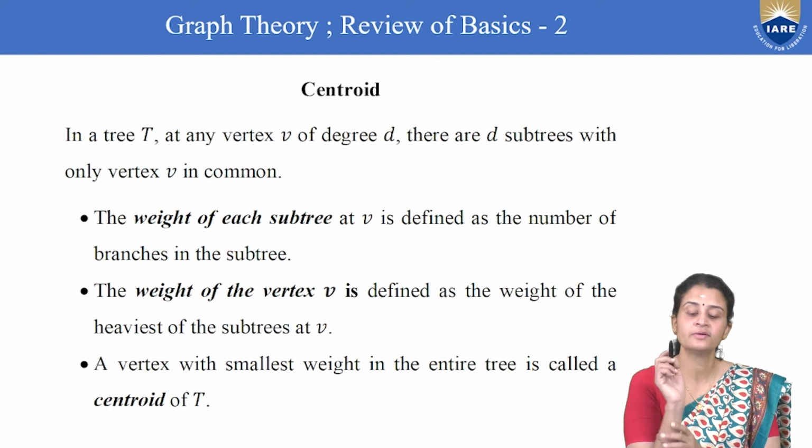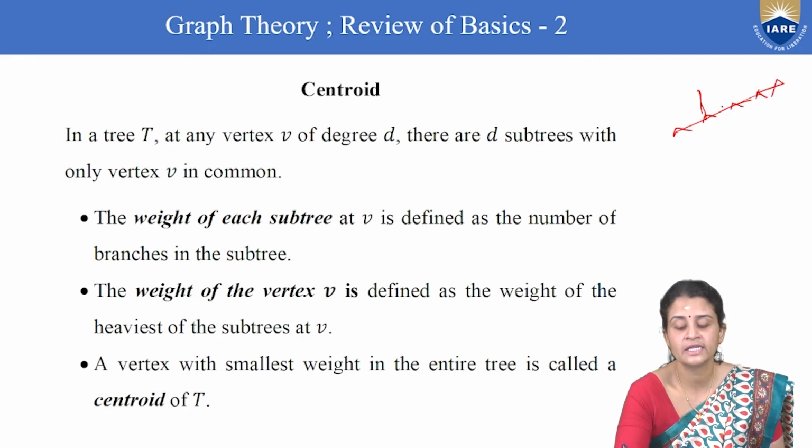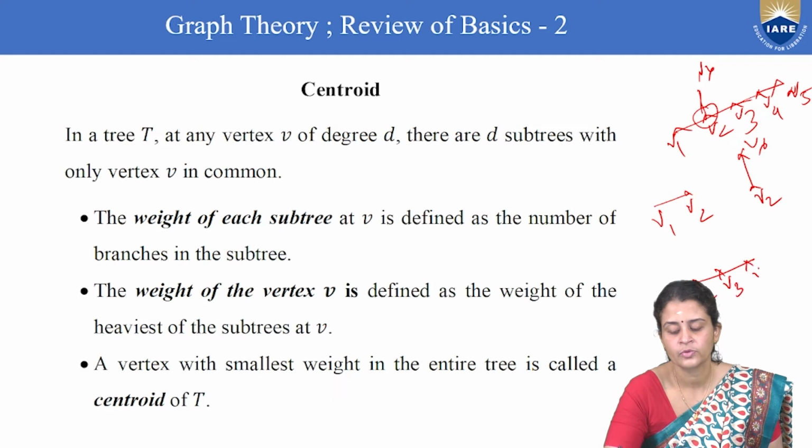That is, if you have a vertex with degree 3, we can subdivide it into 3 subgraphs: V1, V2, V3, V4 and V5, V6.